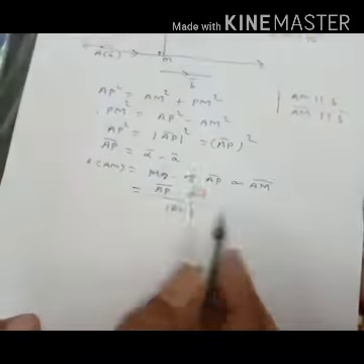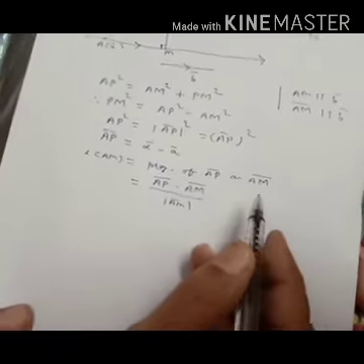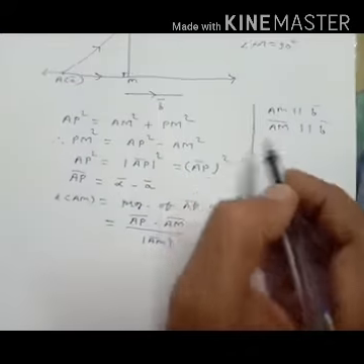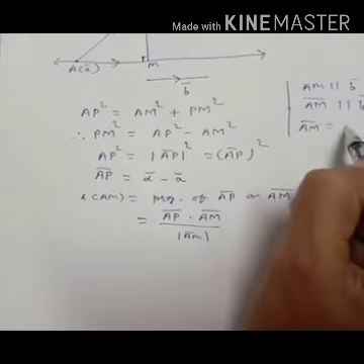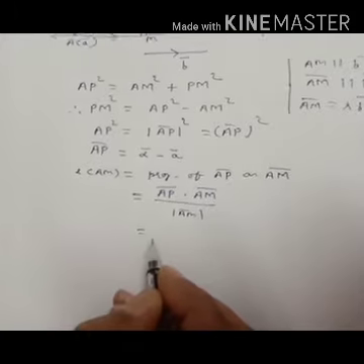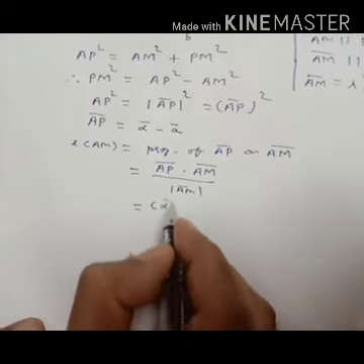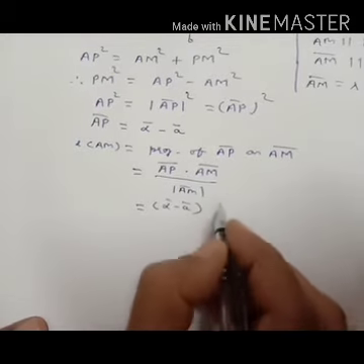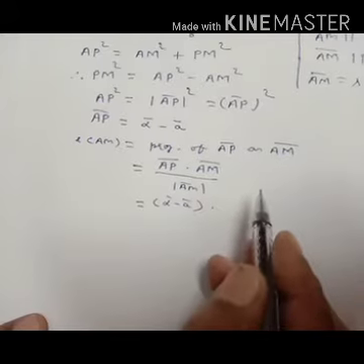And when one vector is parallel to another, one vector can be written as a scalar multiple of the other. Suppose lambda is a scalar quantity, so AM bar can be written as lambda B bar. AP bar we have already found, alpha bar minus A bar, dot AM bar.